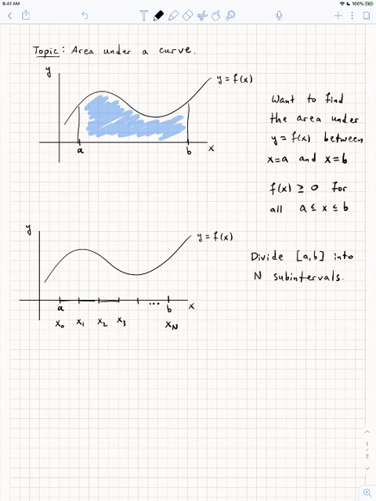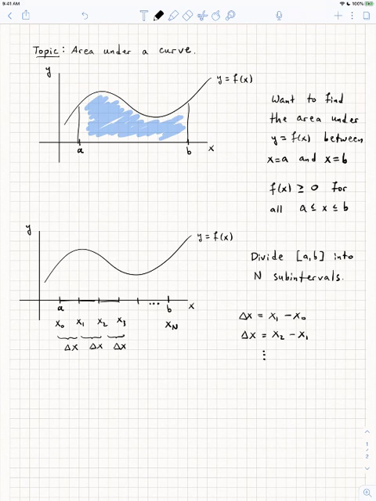Now, how wide are all of these intervals? Well, it depends on how many of them there are, but they're all the same. We call the length of these intervals delta x. Delta x is used to mean a small change in x. So delta x is the distance between x1 and x0, or between x2 and x1, and so on.